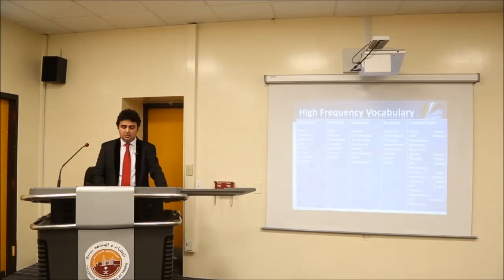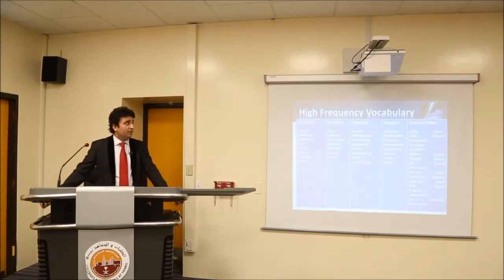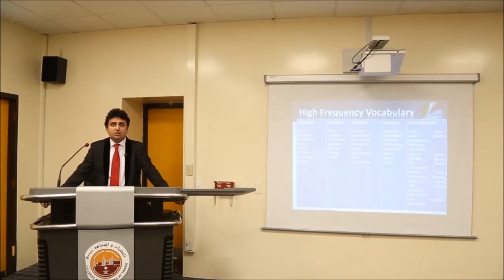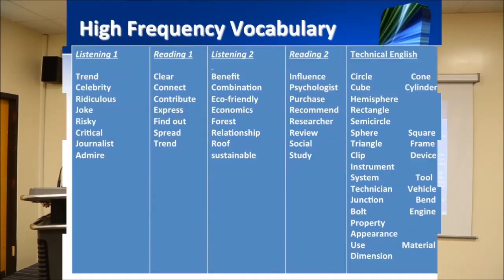The next section is the vocabulary and grammar section. In the vocabulary and grammar section, you are given a list of words. This is the list which you have been given. In vocabulary, this is for general English and for technical English. In general English, you learn words like trend, celebrity, connect, combination, purchase, recommend, researcher.